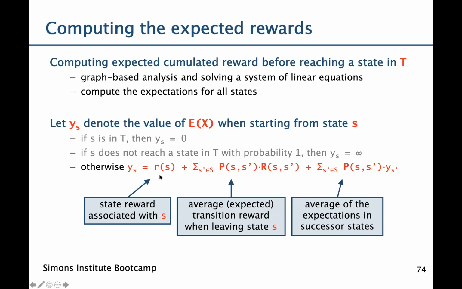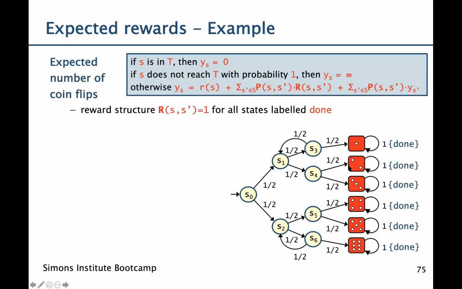So from state S, it's the state reward associated with S plus the average or expected transition reward when we leave state S, and then it's the average of the expectations of all the successor states.